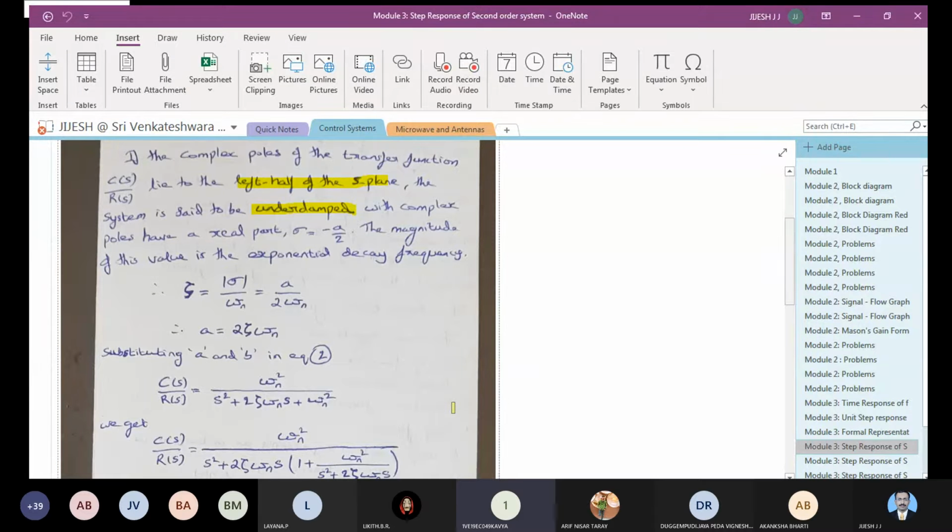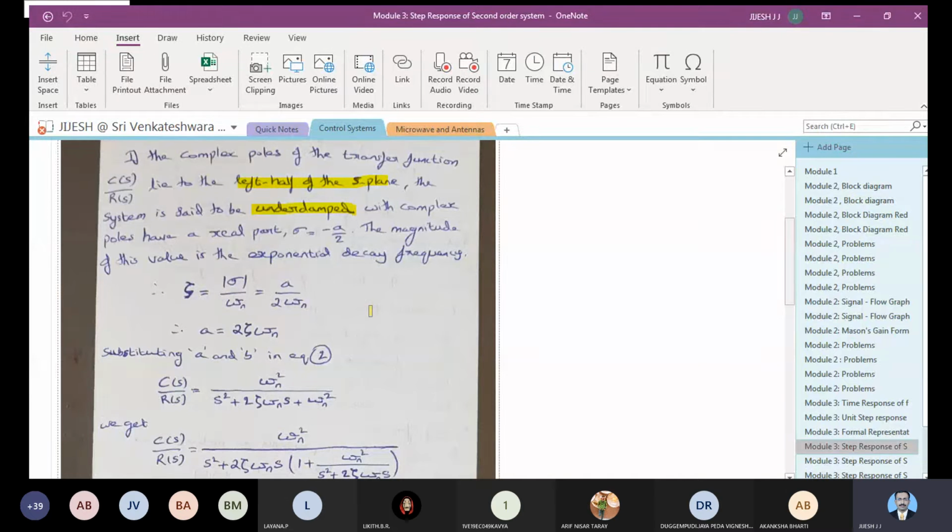Negative feedback. Yes, negative feedback, because g of s divided by 1 plus g of s h of s is negative feedback. We have studied all these things before as well and used the equation.